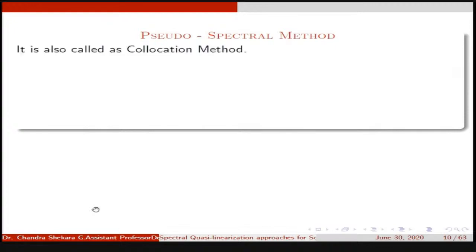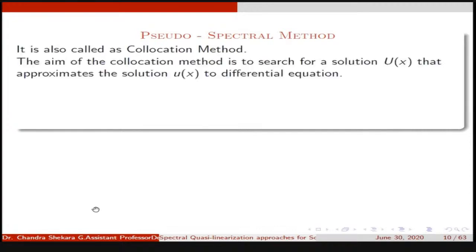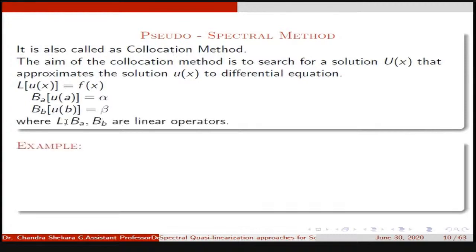The main point in a spectral method is we try to find or approximate the solution capital U of x to a differential equation of the form L of U of x is equal to f of x, where L is the linear operator, subject to the boundary conditions, the left boundary condition BA and right boundary condition BB. Here the operators L, BA, BB are linear operators.